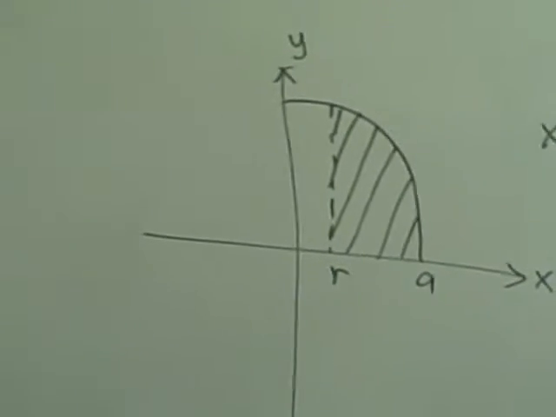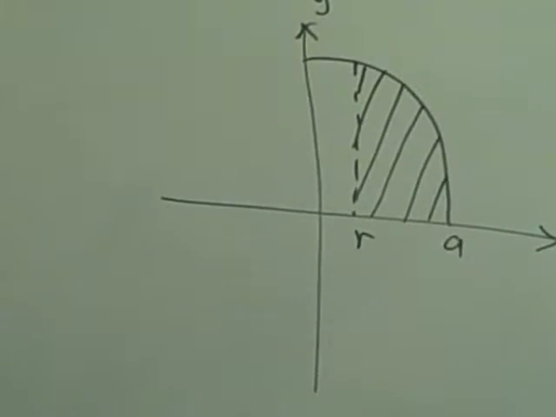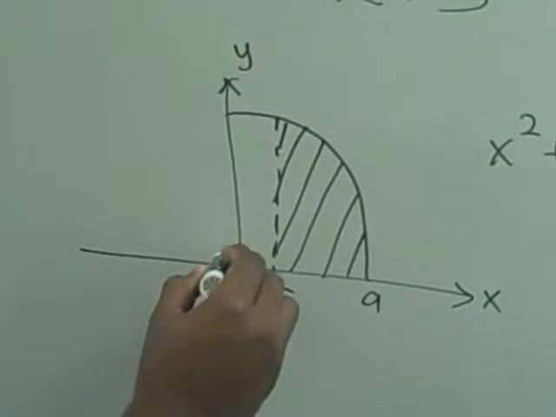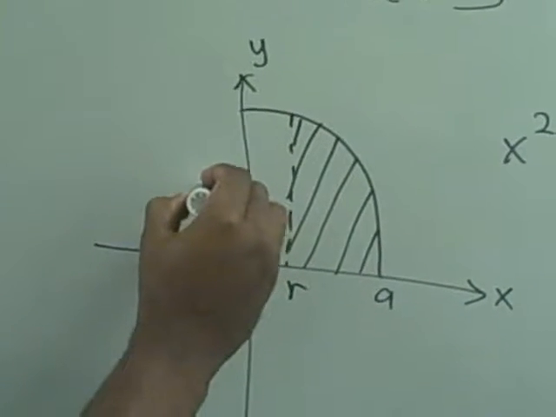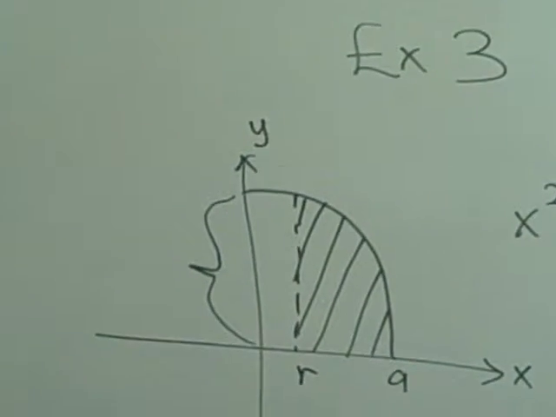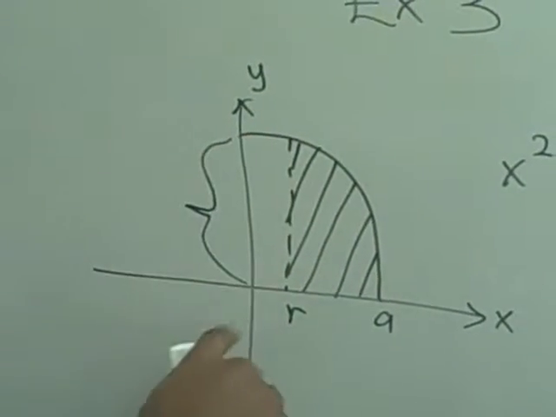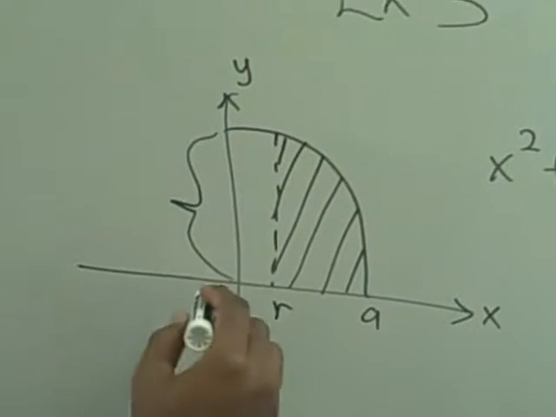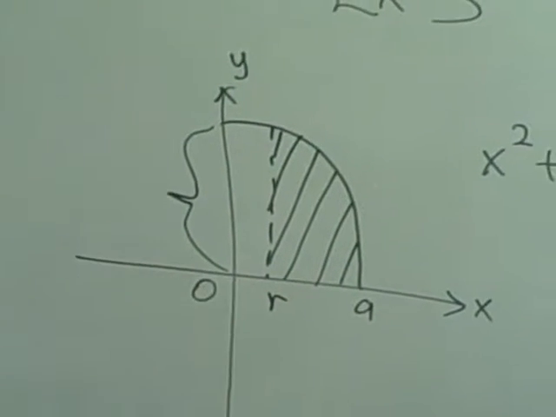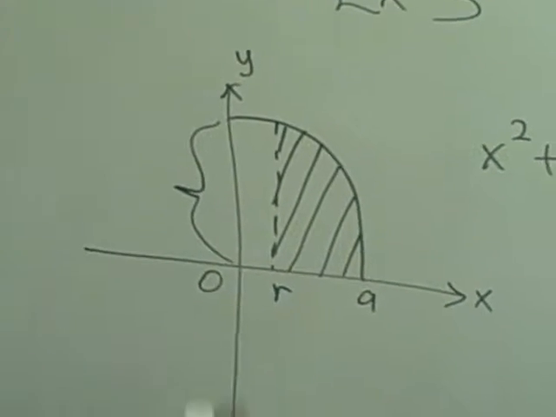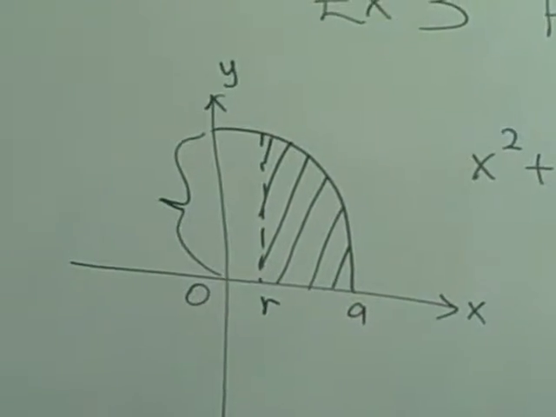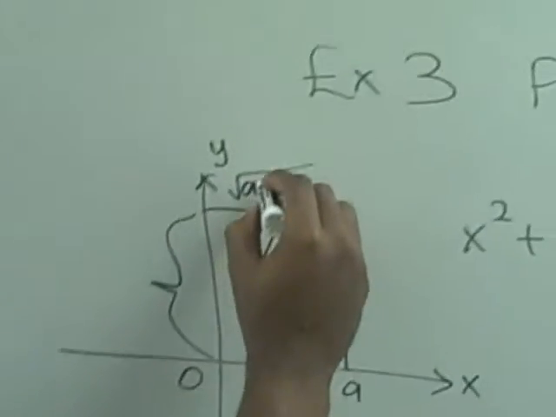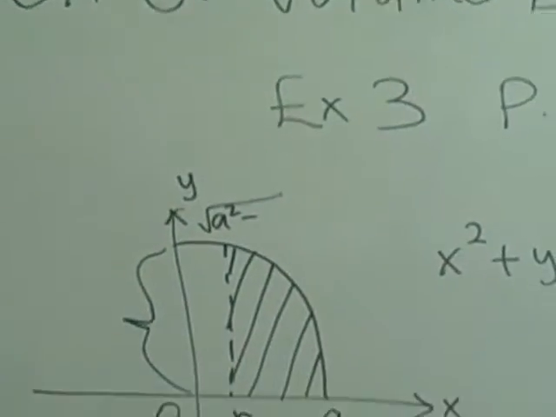So basically we have to find the limits of integration, and since we're integrating with dy as the differential element, we have to find what this point is and what this point is. This point, as we know, is 0, and this point is the highest point on the graph, which we're going to call the square root of a squared minus r squared.